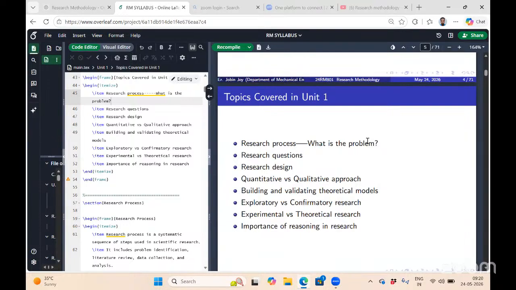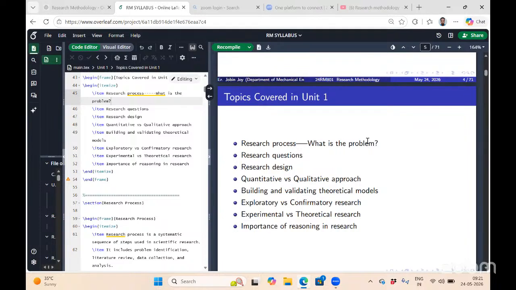For example, quantitative examples will be statistical analysis of marks scored by, say, 50 students, production output measurement, temperature measurement, because all these are dealing with numerical data. All these are dealing with the numbers. Then productivity analysis, machine speed analysis. So these are some examples of quantitative analysis. That means that is dealing with numbers or numerical data.